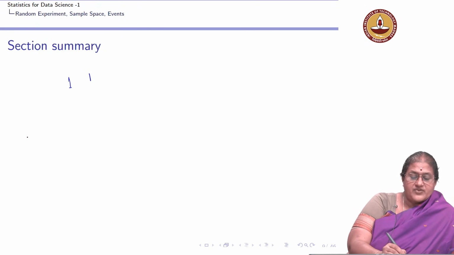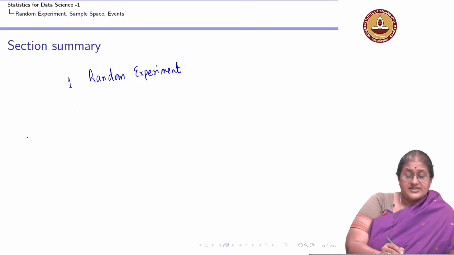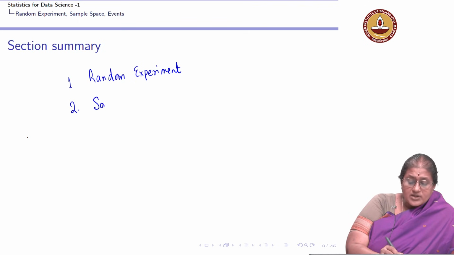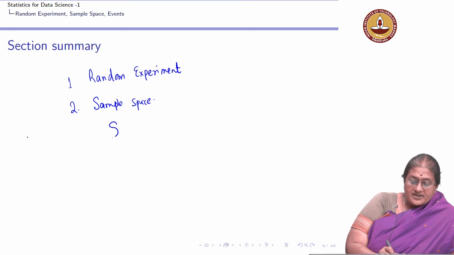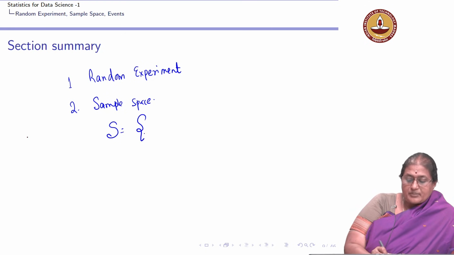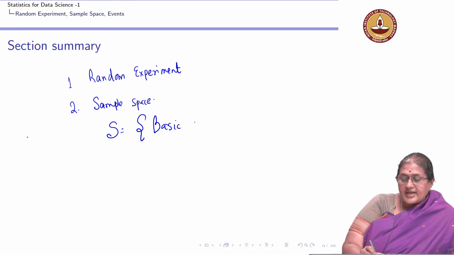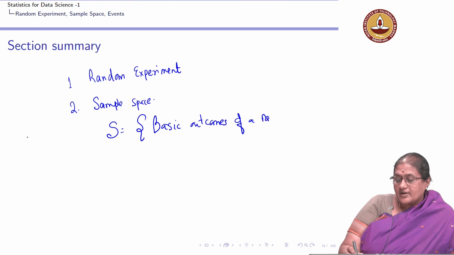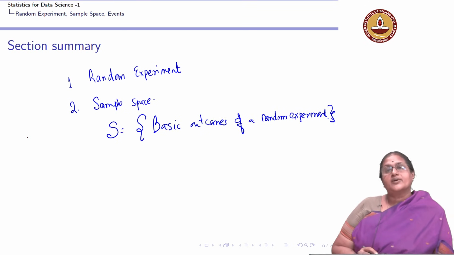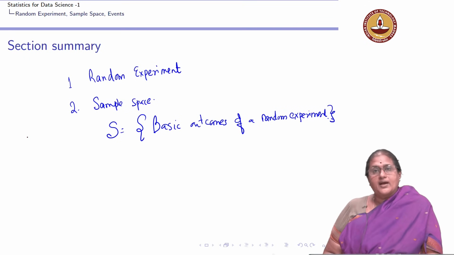The main thing is, we have learned what a random experiment is. The second thing we have learned is what a sample space is, which is nothing but the set of all basic outcomes of a random experiment. So, that is what we have learned.